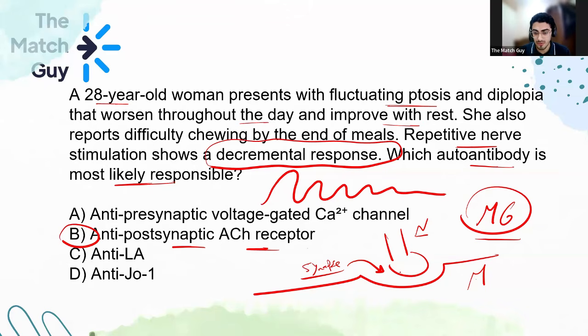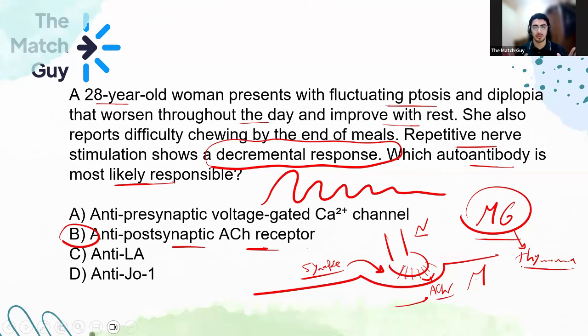And the nerve will start releasing the acetylcholine in this synapse, and then the acetylcholine will bind to the postsynaptic acetylcholine receptors. So if we have autoantibodies against the postsynaptic acetylcholine receptor, this will cause muscle weakness that's called myasthenia gravis. And you need to know that this myasthenia gravis can be associated with a tumor in the anterior mediastinum. We call this tumor thymoma. Excellent.